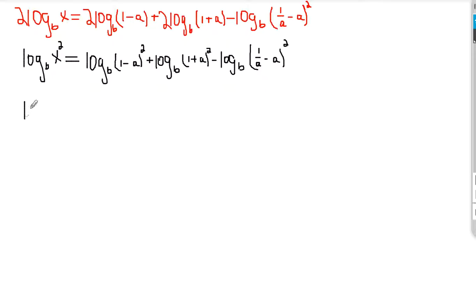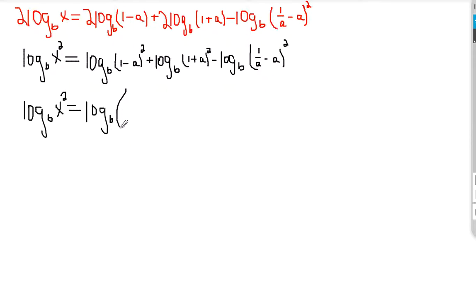So let me just rewrite this left side here. A property of logarithms is that when you have 2 logs being added together and they have the same base, you can actually rewrite it as 1 log, but multiplying their powers.